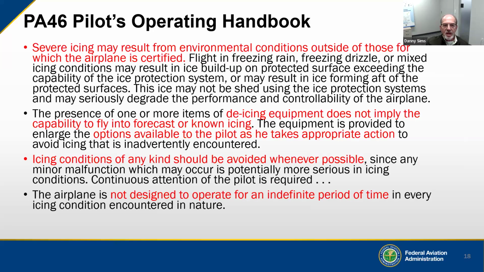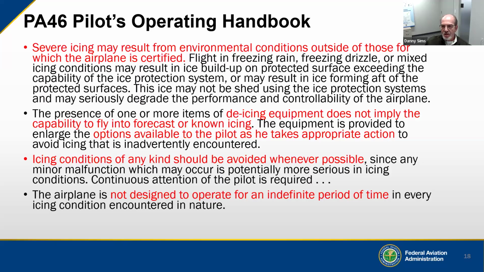The pilot's operating handbook tells us that severe icing may result from environmental conditions outside of those for which the airplane is certified. This particular airplane was certified for flight into icing conditions, but not all icing environments are the same.